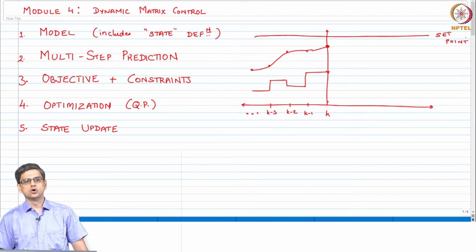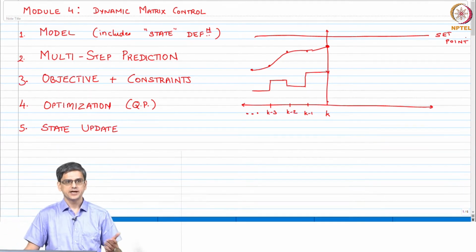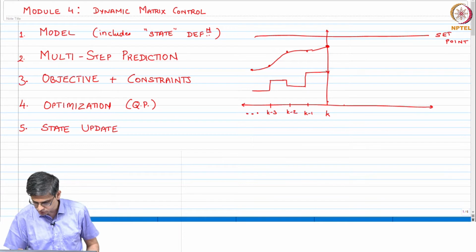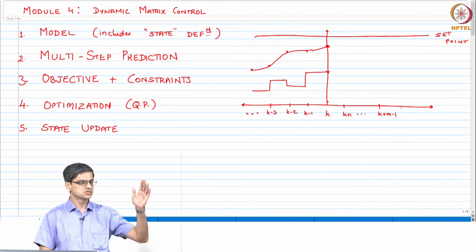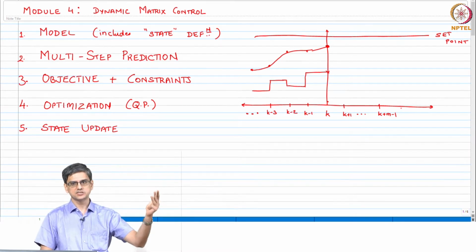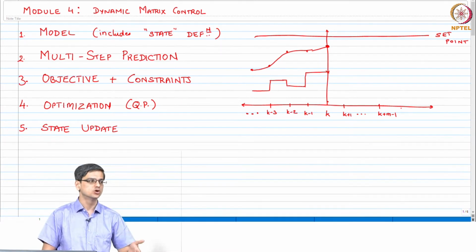What we want to do is to determine m future input moves. Why does it go up to k plus m minus 1? Because k plus 1, k plus 2, k plus 3 and so on, because uk is also an input that you need to determine.